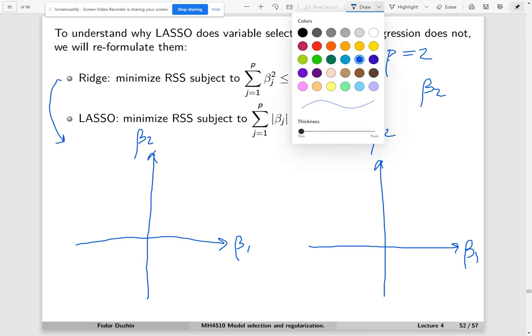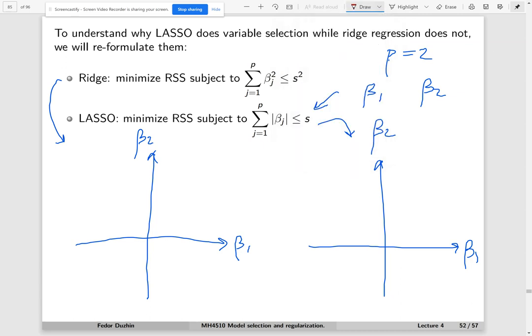The next thing that I'm going to do is draw this condition. In the ridge regression, the condition is beta 1 squared plus beta 2 squared is less than or equal to s squared. Geometrically, this is the interior of a circle of radius s, centered at the origin.